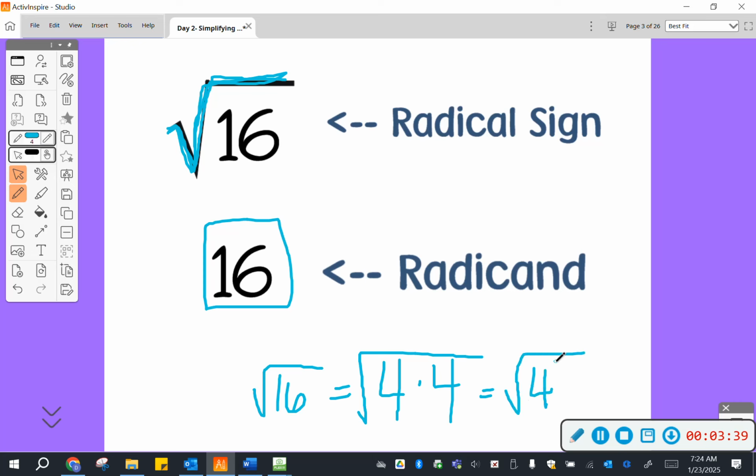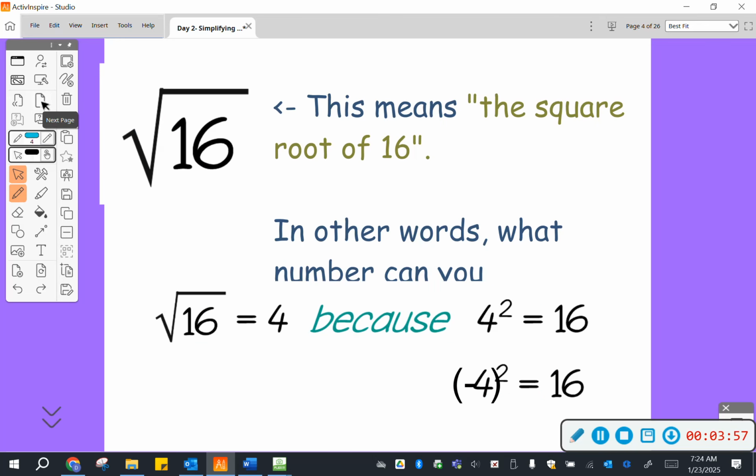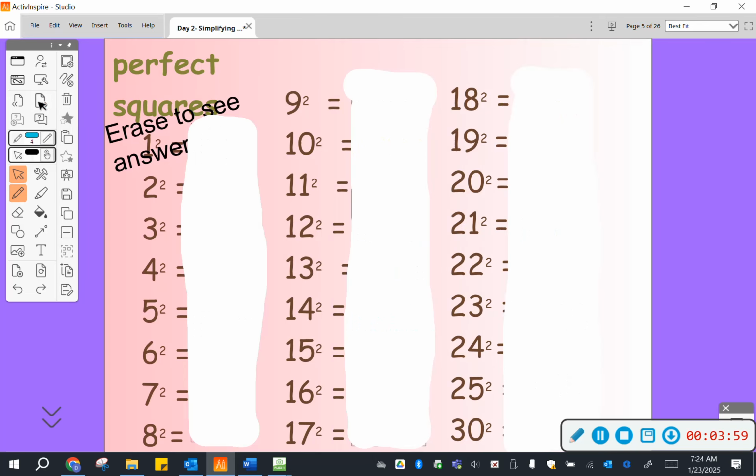Do you agree 4 times 4 is 4 squared? And do you agree a square and a square root cancel out? So that is just 4. That is what the square root symbol does. It's finding the number that you multiply that's exactly the same, and it comes out. So we just did that.